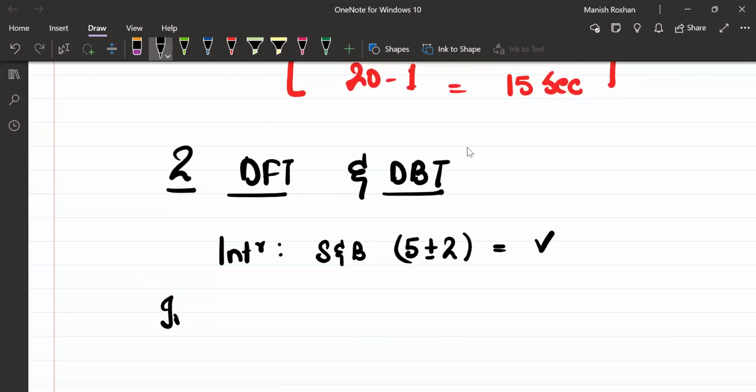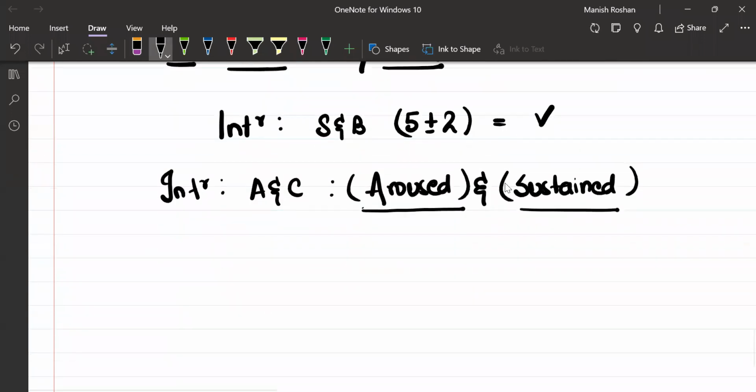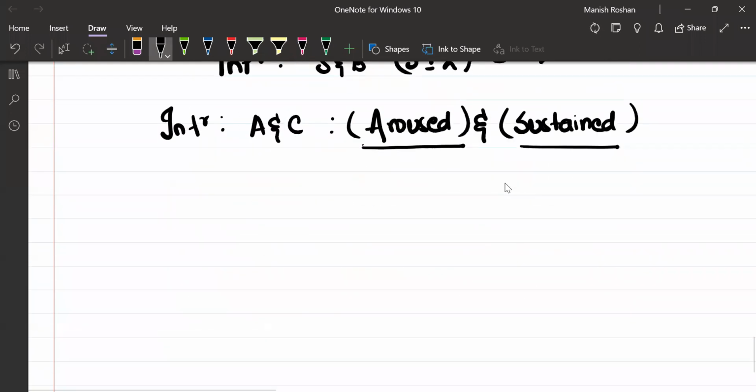So how to write or interpret attention and concentration? It is defined as aroused and sustained. So this is how you report attention and concentration.